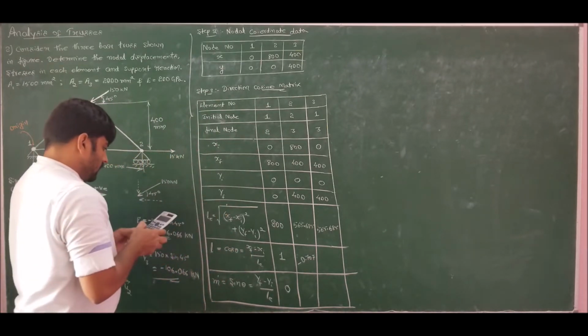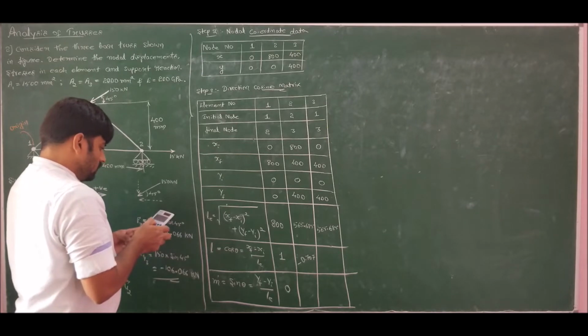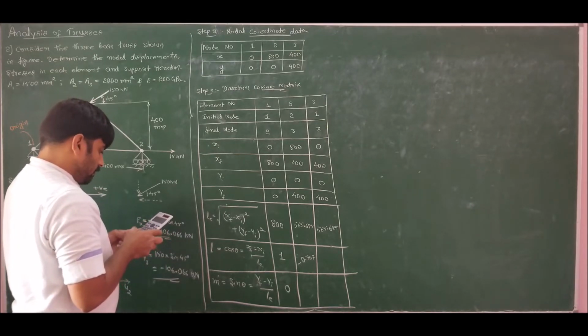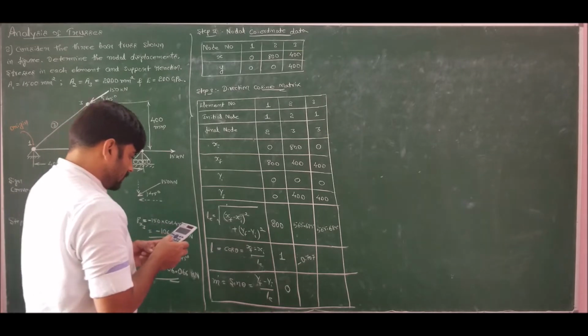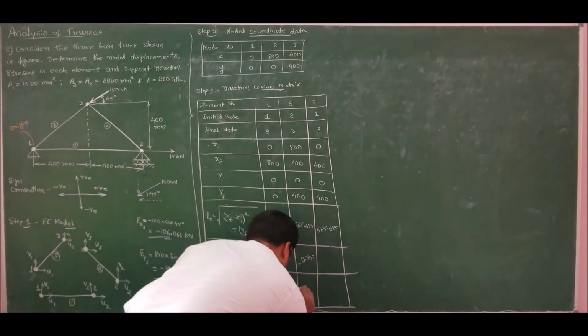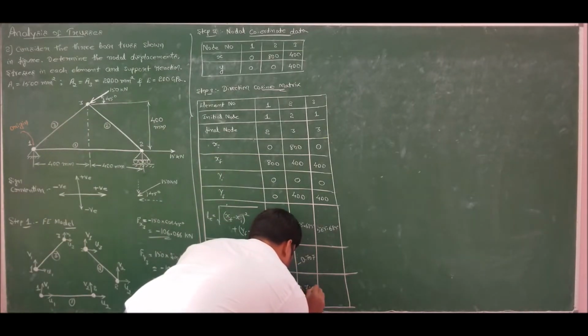Next, y final is 400 minus y initial is 0 divided by 565.685, which turns out to be plus 0.707.